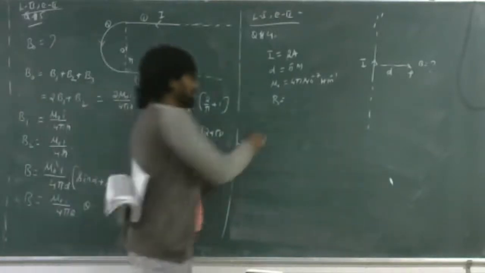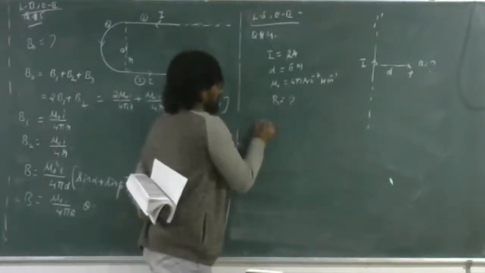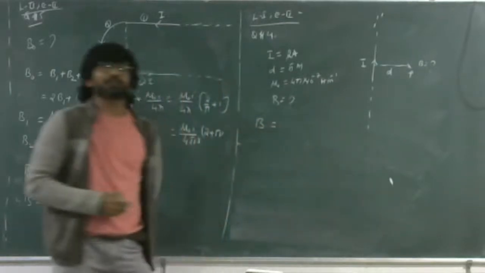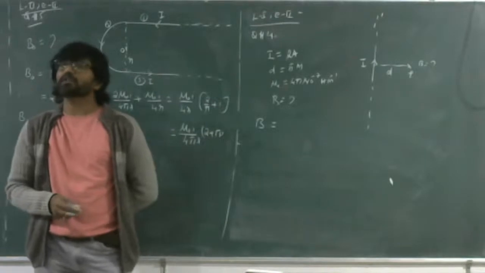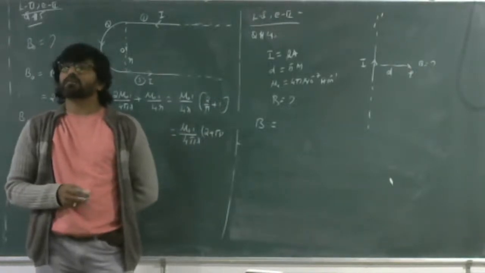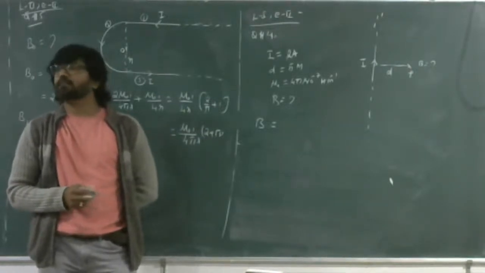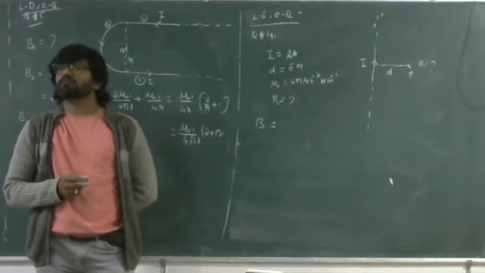What is the general formula for magnetic field due to a straight current carrying conductor? Yes, everyone. Tell me what is the magnetic field due to a straight current carrying conductor?